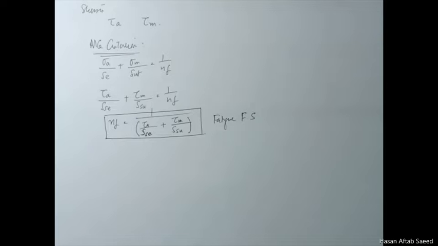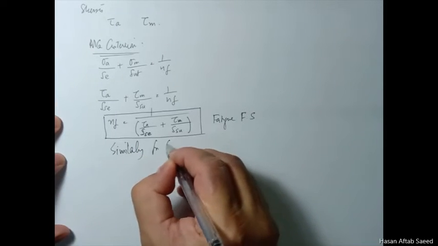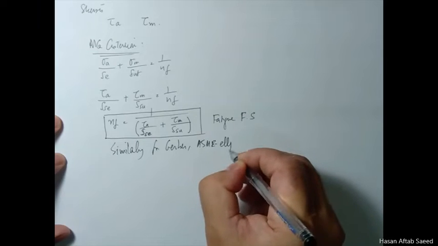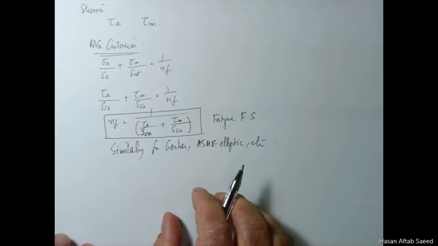Of course, this is for the modified Goodman criterion, but you can have similar expressions for Gerber, ASME, elliptic, etc. There's nothing difficult about that.